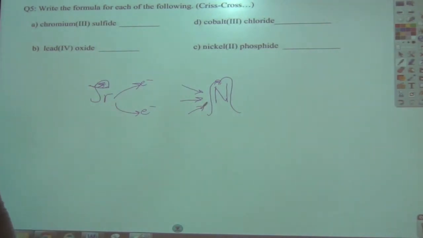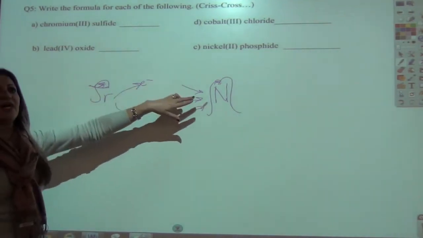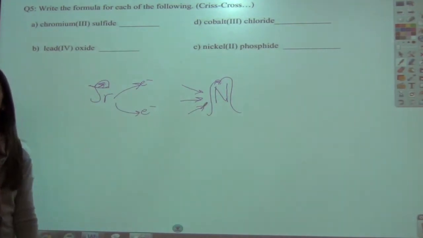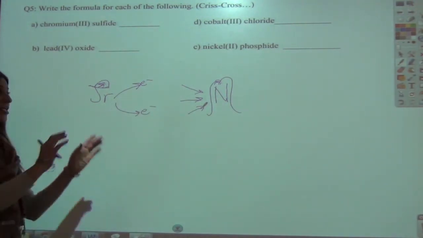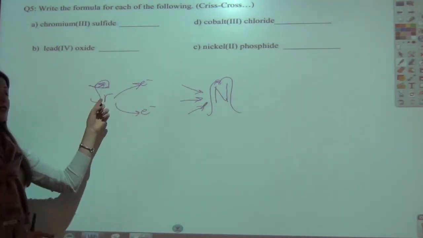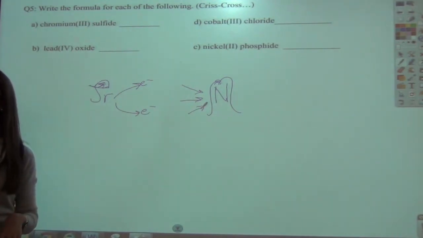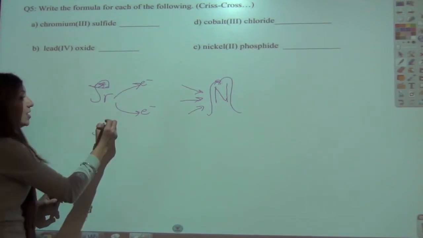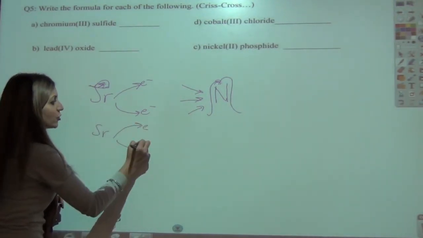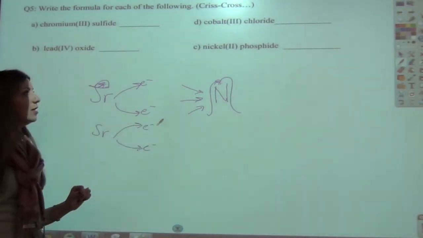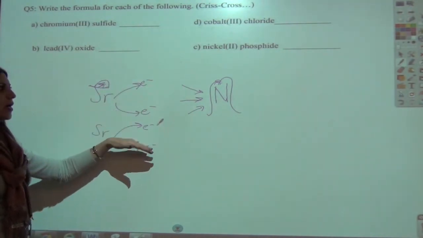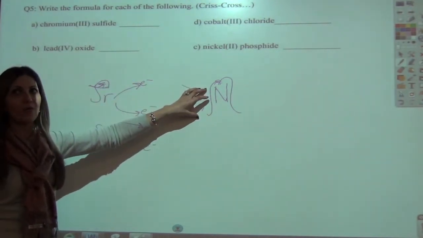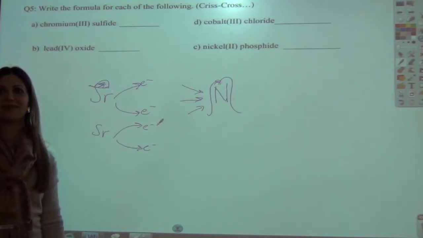What's wrong with this? Strontium doesn't have enough. So guess what strontium does? You can't change the elements. Guess what strontium's going to do? He's going to go and get his twin. So we get another strontium. Fine. This one wants to also give away 2 so that he can become more stable. But now we've got 4 and 3. So that's still not working. So now what happens?